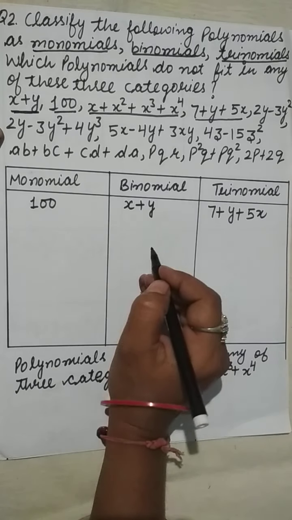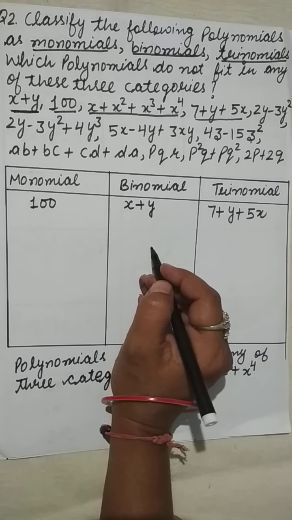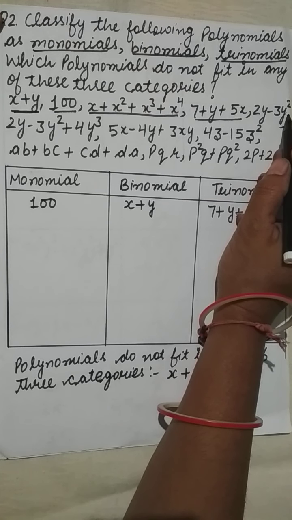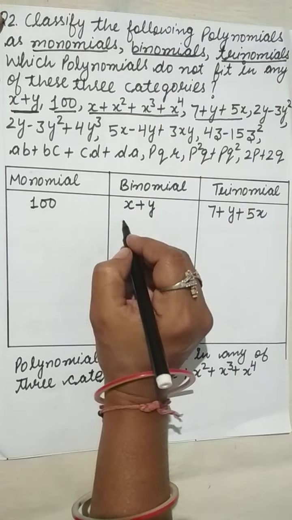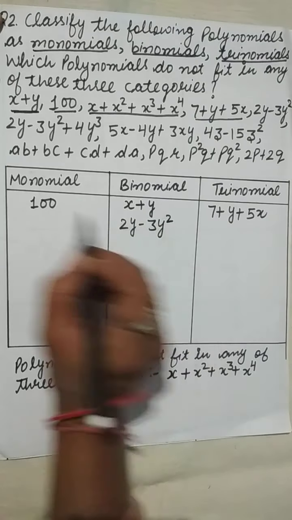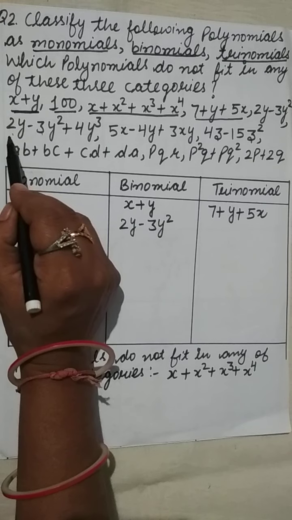In this way we will see all the polynomials and write them under their category. Next polynomial is 2y minus 3y square. It is having two terms, so this is binomial. Next one is 2y minus 3y square plus 4y cube.